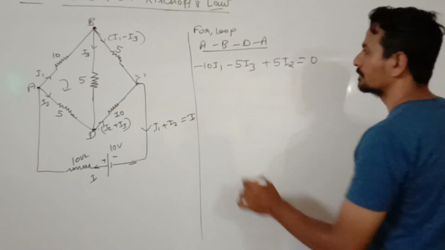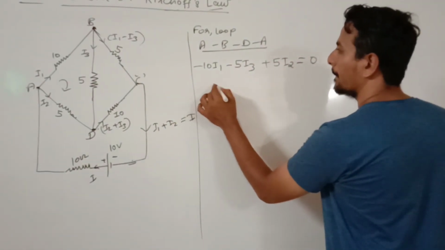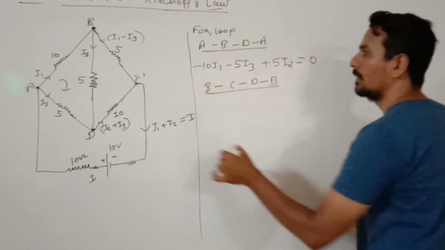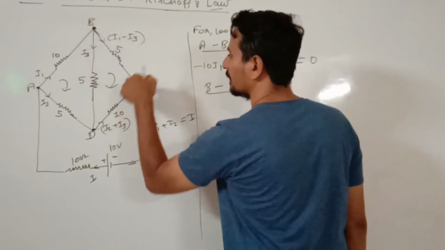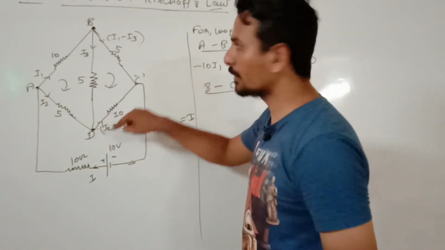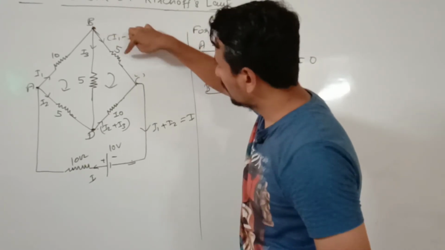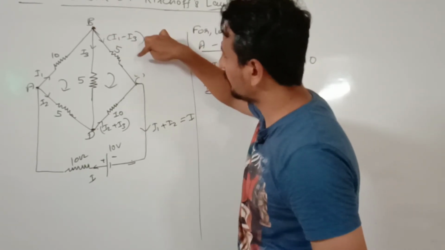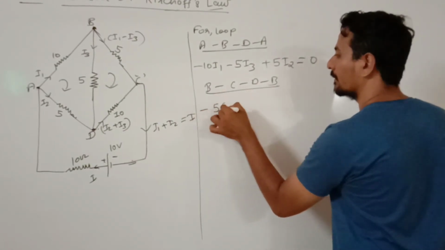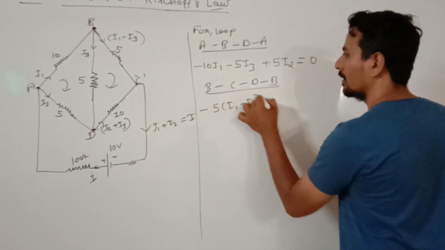Let us take one more loop, B, C, D, B. This is the second loop, and we move in this direction. Starting from here, the current and our direction are the same, so the drop will be considered negative: minus 5 I1 minus I3.